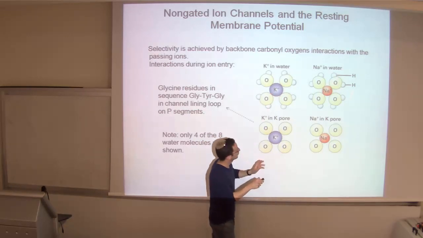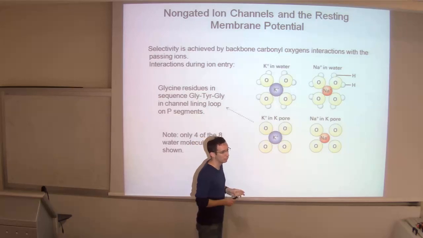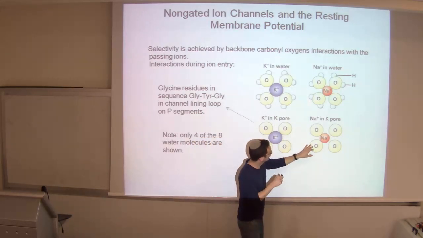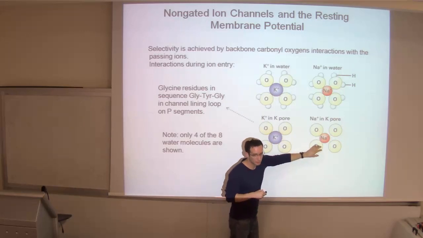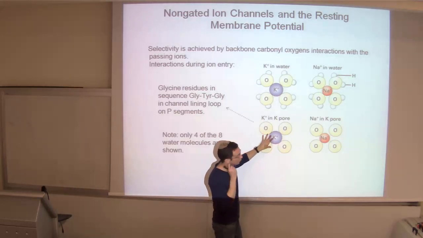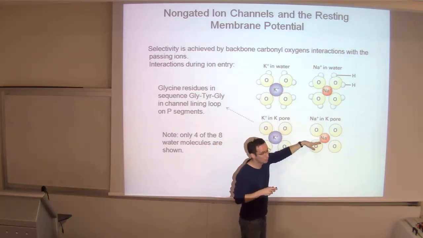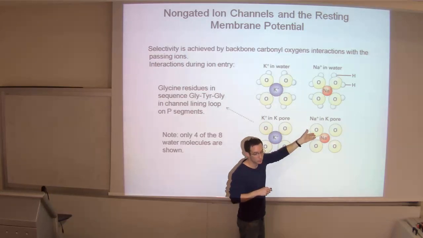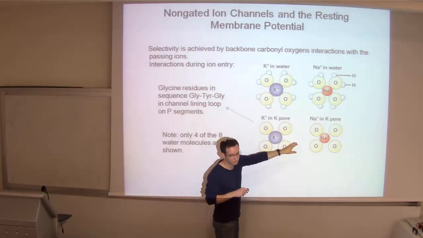All this is opposed to the sodium. Again, sodium outside the channel looks like this, roped with a shell of water molecules. But when it tries to pass through the channel, the distances between the oxygens, which mimic the structure of the hydrated potassium, do not fit the sodium, and the activation energy to move from here to there is too high, so this process almost does not occur at all.